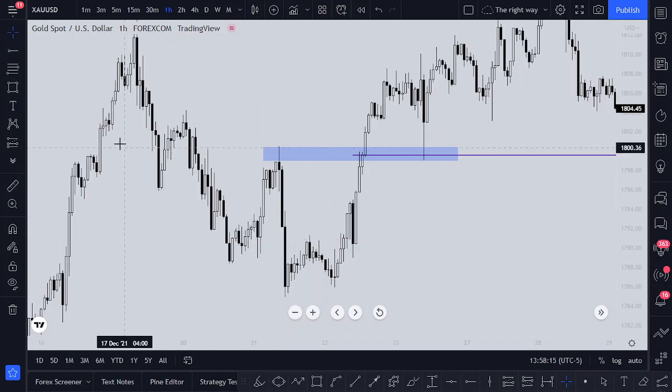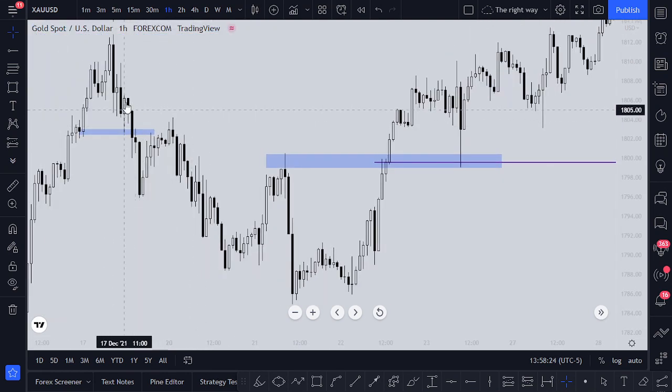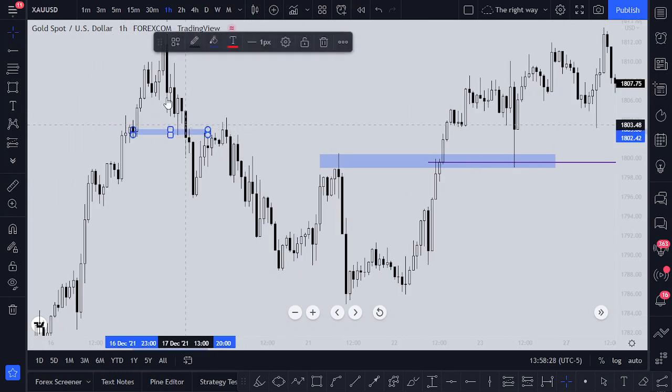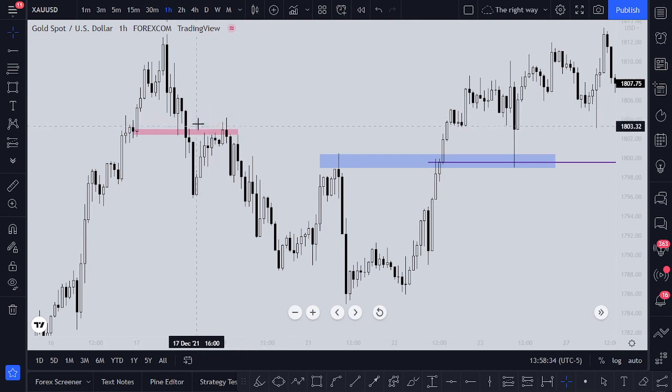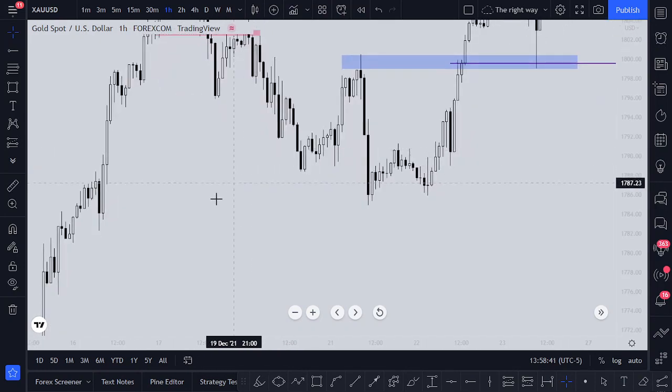Look at this one. We had a small supply level at this particular point. You can see it was broken, but we had a larger supply level now. So we use pink. So the market tapped into it, this block over here, and it sold off.